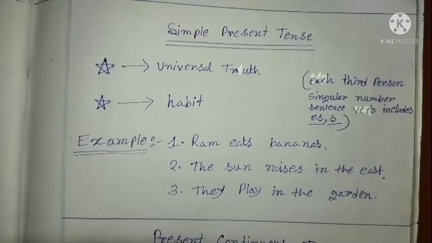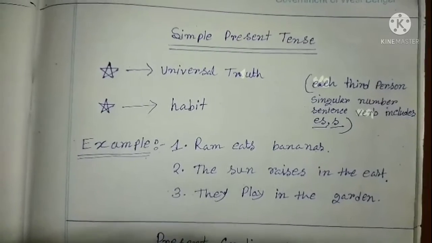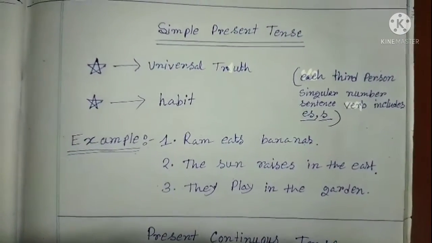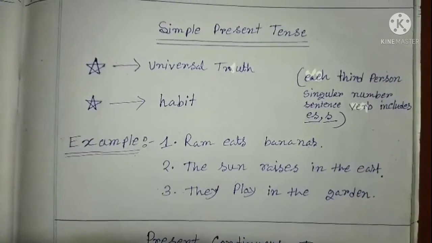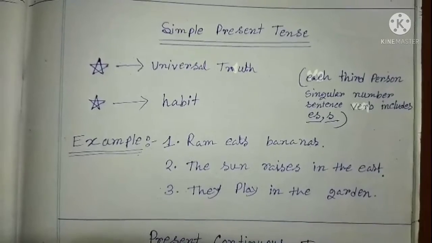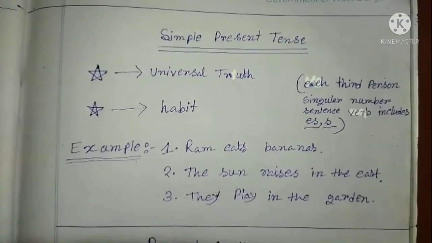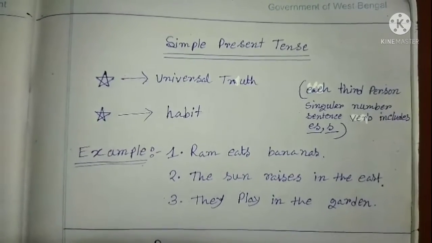I use s for third person singular. And last of all, they play in the garden. Here the sentence means that it's a habit, and we know that when a sentence indicates a habit, then absolutely that will be simple present tense.